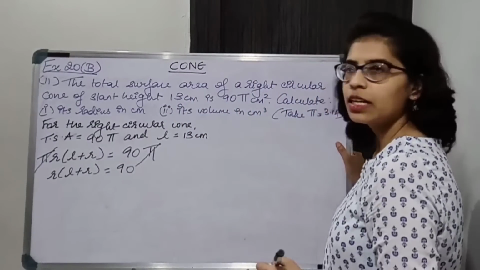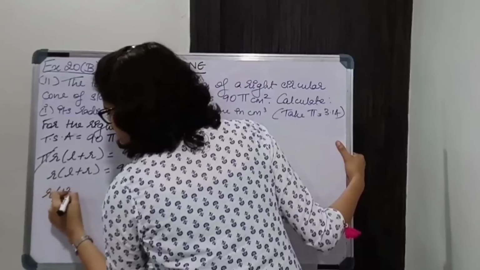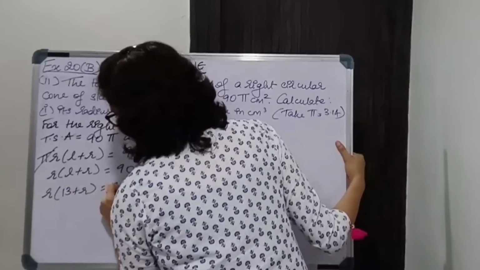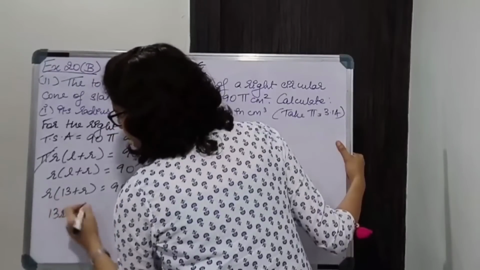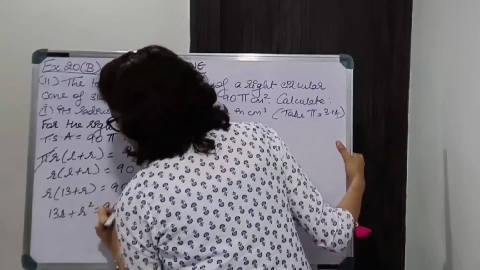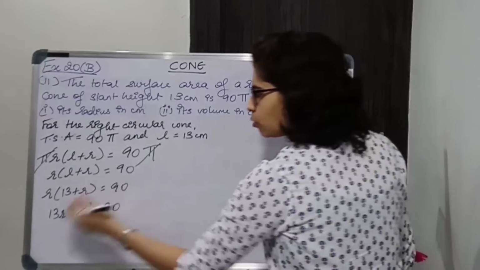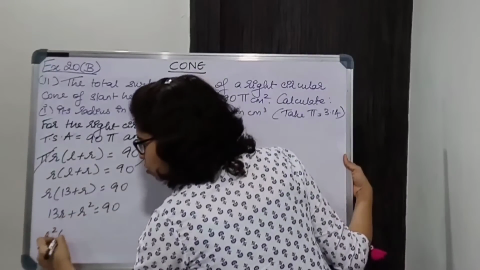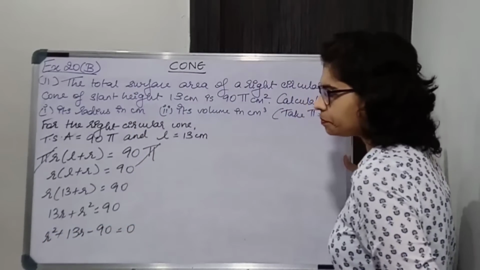We know L is 13, so r into (13 plus r) is equal to 90. Now 13r plus r square is equal to 90. This is forming a quadratic equation, okay. Shifting 90 to one side, r square plus 13r minus 90 is equal to 0.